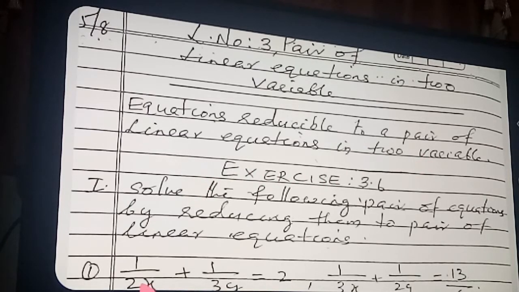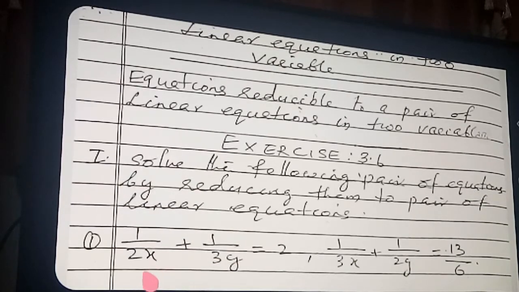Okay, you can see in question 1, 1 by 2x is very clearly not a linear equation in two variables, because while writing in the correct format, x will come as x raised to minus 1, so minus 1 will be the degree. Therefore these are not in linear equation format. We have to reduce them to linear equation format and then solve them.